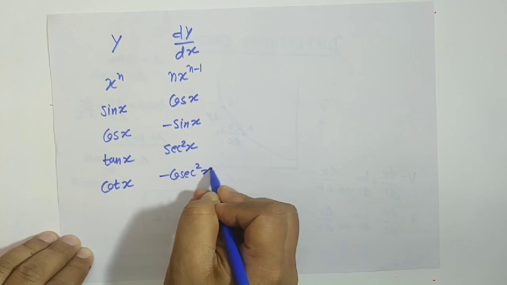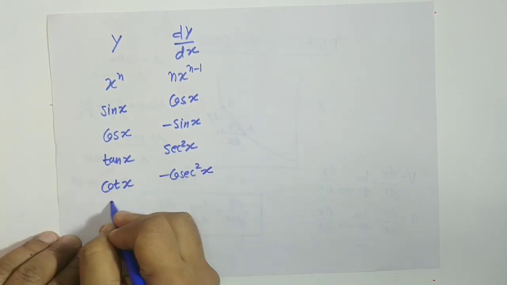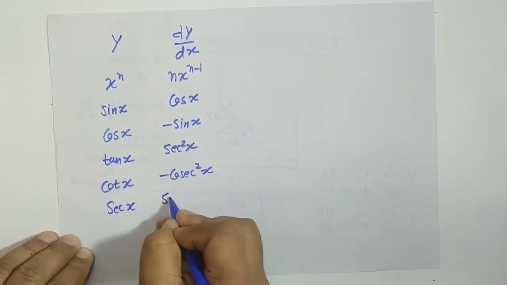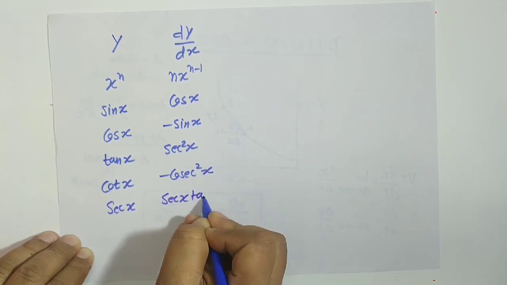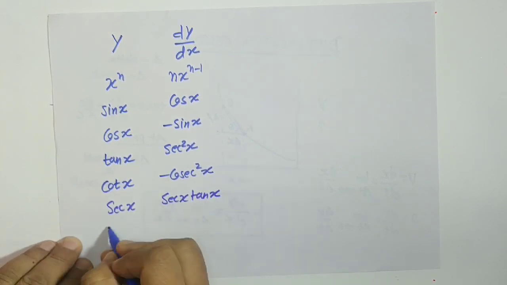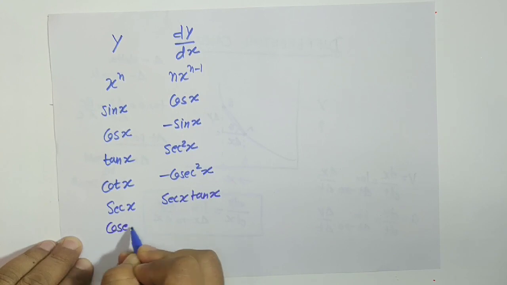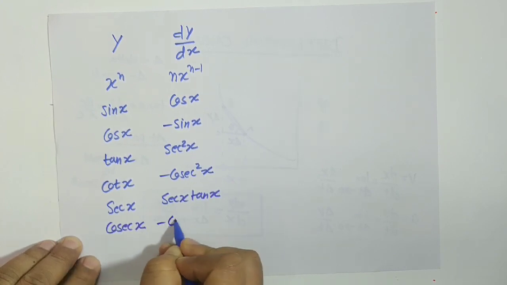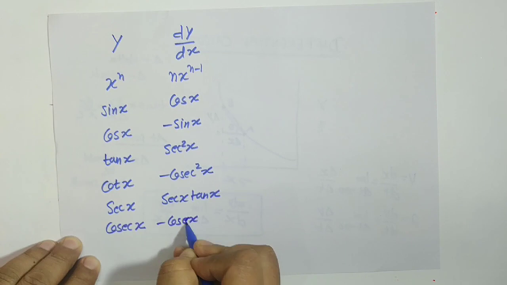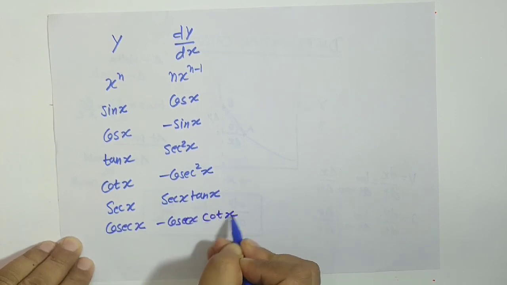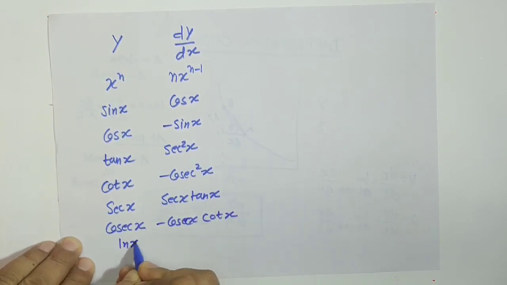Are you getting it or not? So these are the basic formulas. Even sec x, you can write it: it is sec x tan x. Or if someone asks cosec x, you can write minus cosec x cot x. And then log x, it is 1 by x.